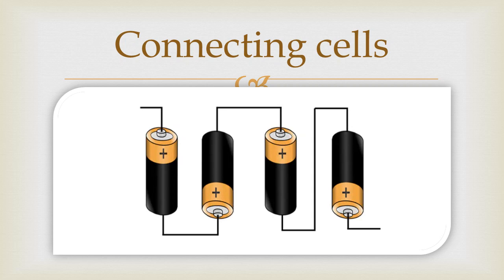Now a single cell will produce a very small potential difference. For example, if a single cell produces 1 volt of potential difference and 4 cells are connected, as you can see, then 4 cells will produce a potential difference of 4 volt.